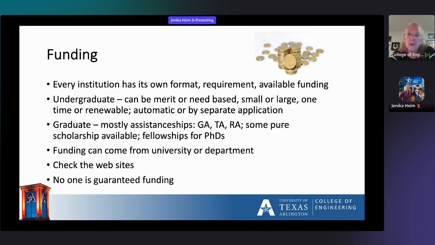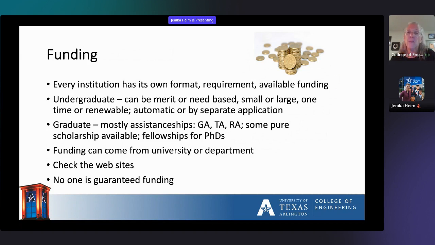So public institutions are those supported by the taxpayers in the state, and there are regulations as to how we can give students money, especially students who are not within the state that the institution is located in.